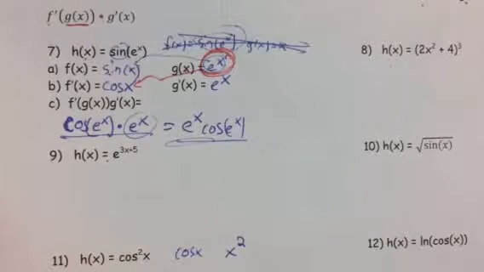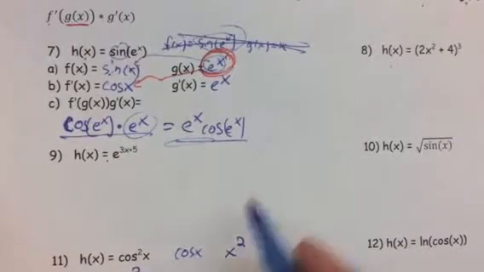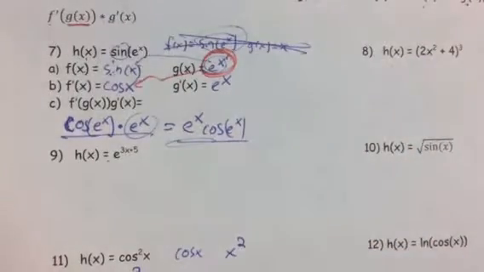We need to find which one is f of g of x. So f of x is the one that is being plugged into. And so that's x squared. And g of x is cosine of x. And it's important that they come in this order. The other order would not be right, because it was looking for f of g of x.